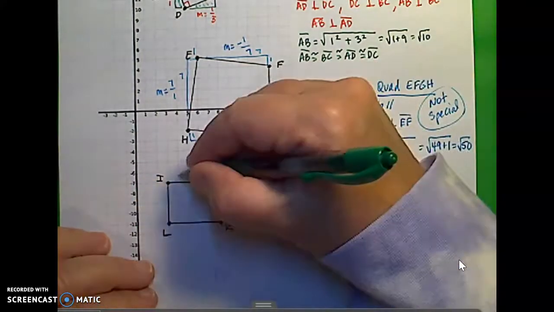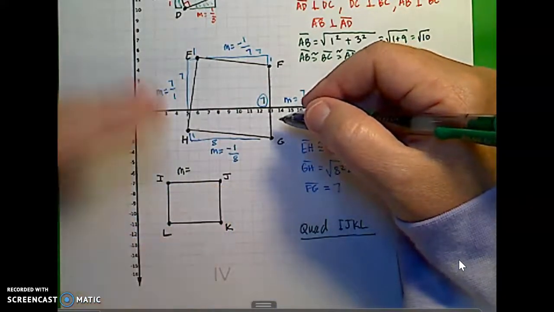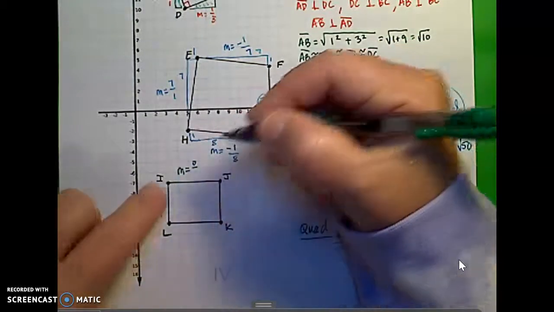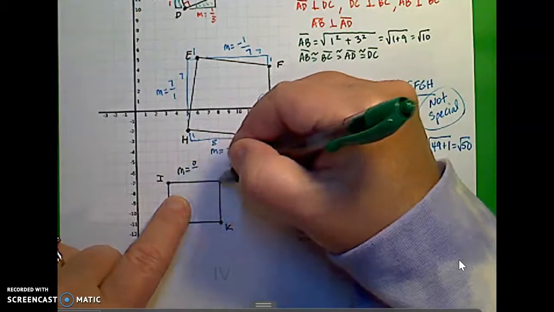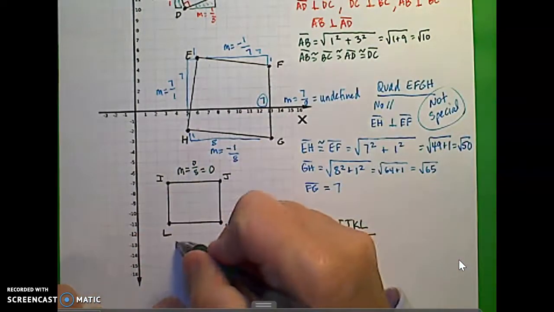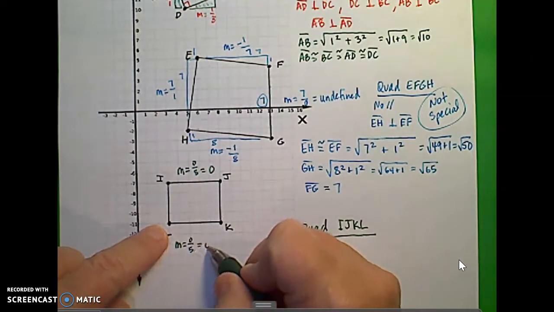Let's do the slopes first. The slope of this horizontal line, the rise here, or the y value change, is 0. So this is 0 over 1, 2, 3, 4, 5, which is 0. This one is, again, 0 over 5, which has a slope of 0.